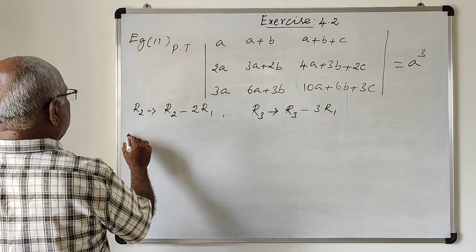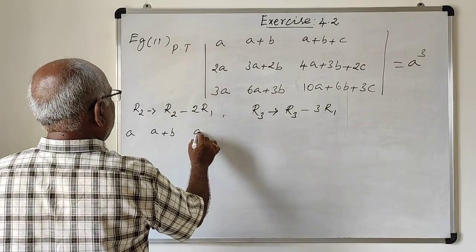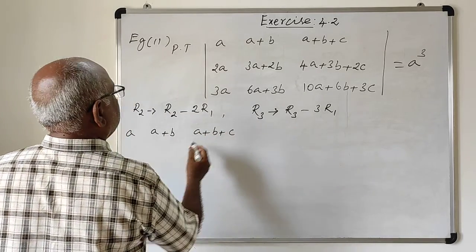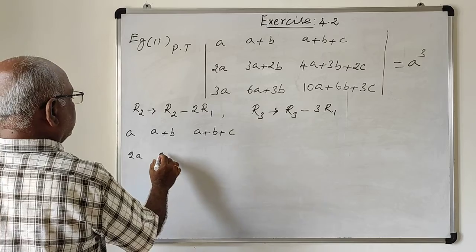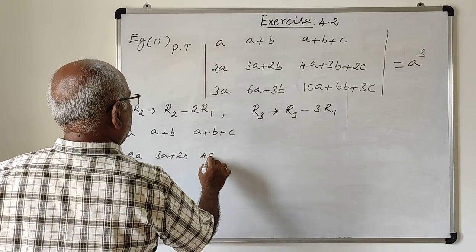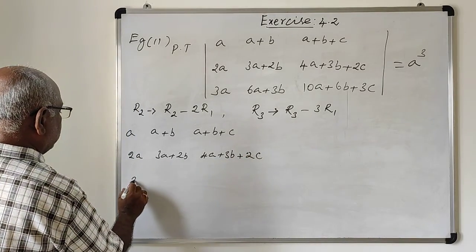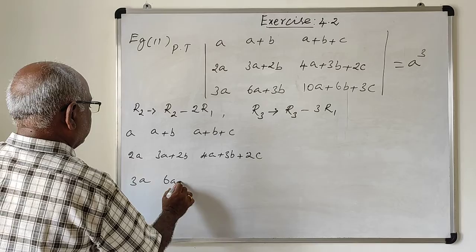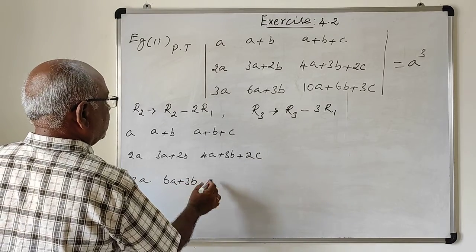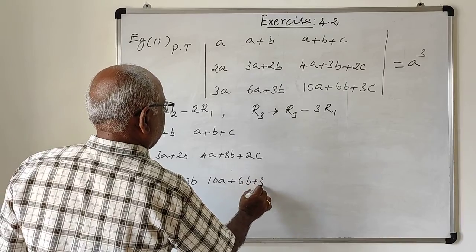What is our problem? A plus B, A plus B plus C, 2A, 3A plus 2B, 4A plus 3B plus 2C, 3A, 6A plus 3B, and 10A plus 6B plus 3C.